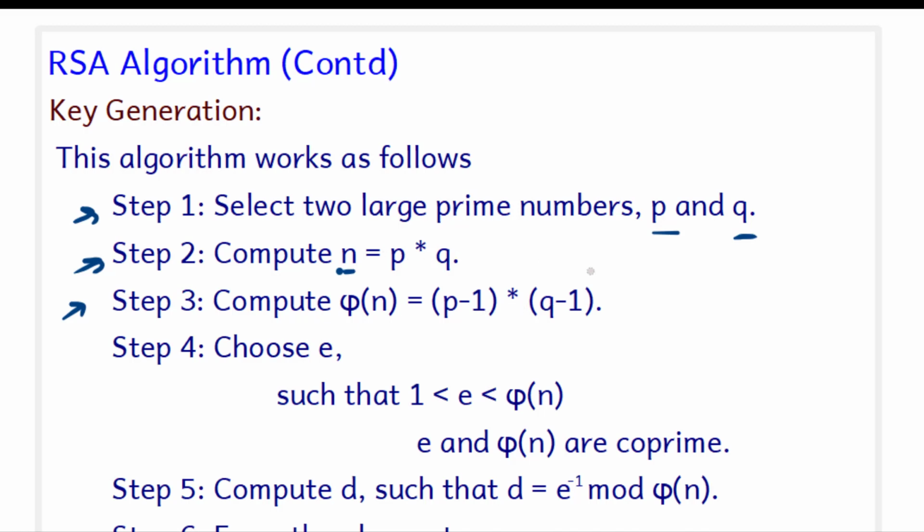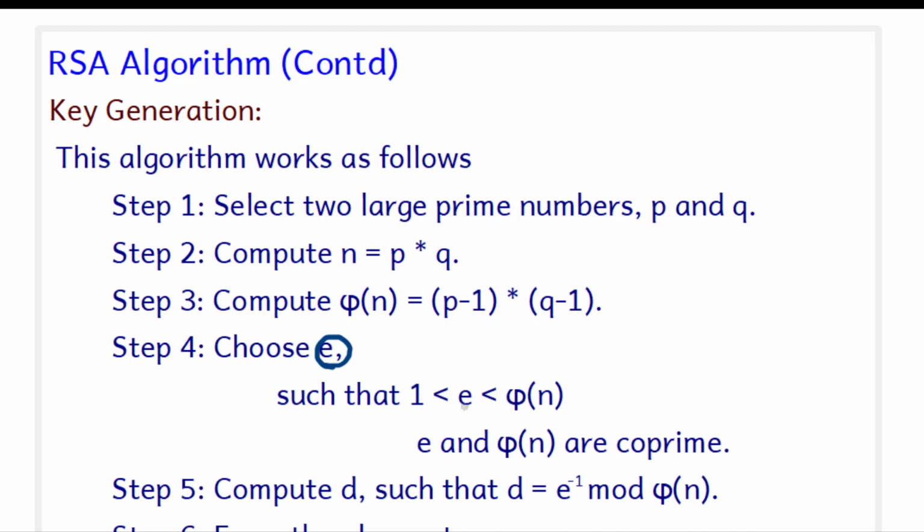For example, taking small numbers, suppose P is 7 and Q is 11. Then P minus 1 becomes 6 and Q minus 1 becomes 10. This is how phi is calculated. Then in step 4, Alice selects a value E, which must satisfy two conditions.